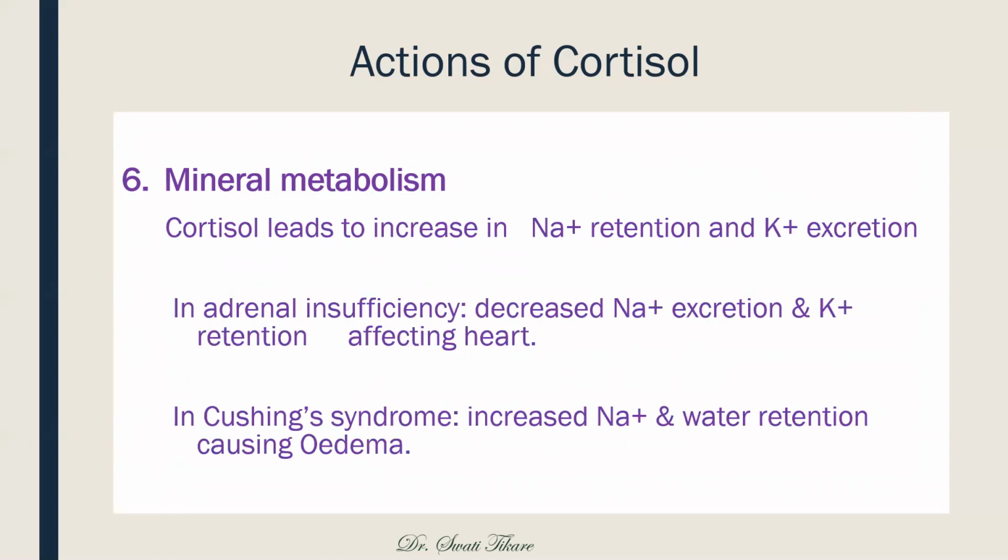What happens in adrenal insufficiency, when the cortisol is less, is that sodium is excreted and potassium is retained, which is affecting the heart. Whereas if there is excess, which is what we call Cushing syndrome, there is increased sodium and water retention causing edema. Okay. So this is its effect on mineral metabolism.